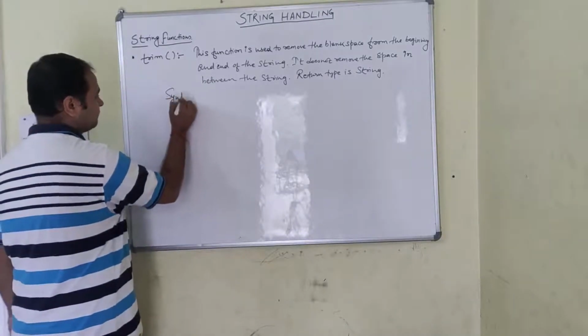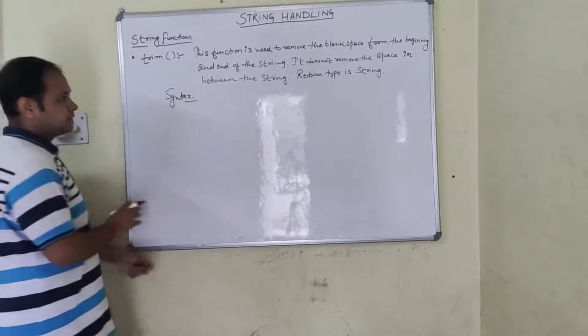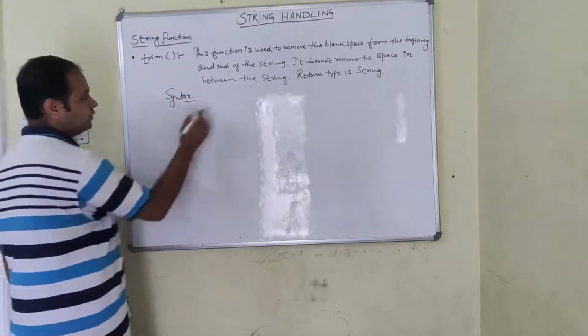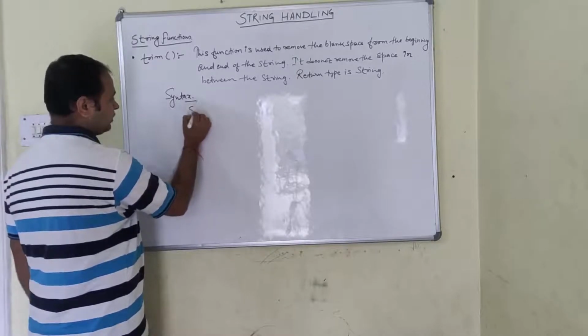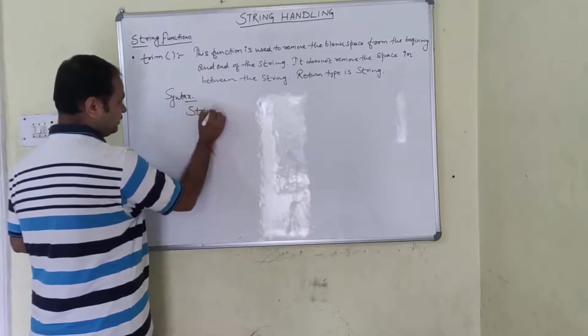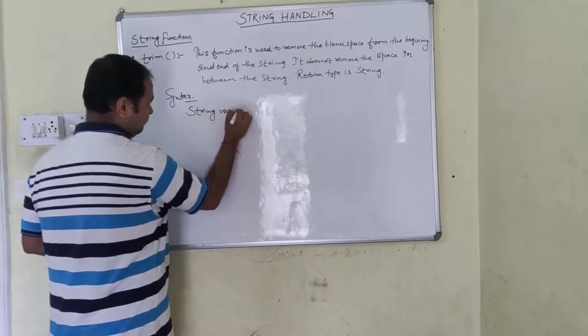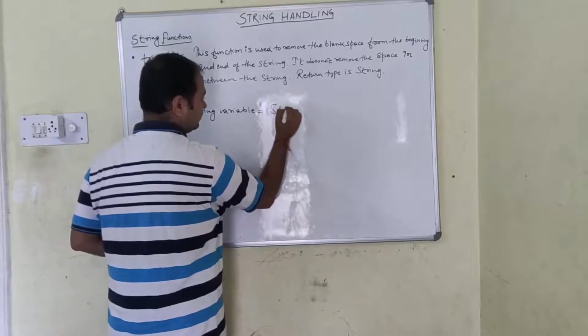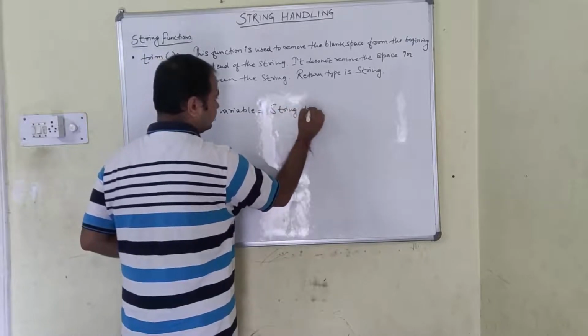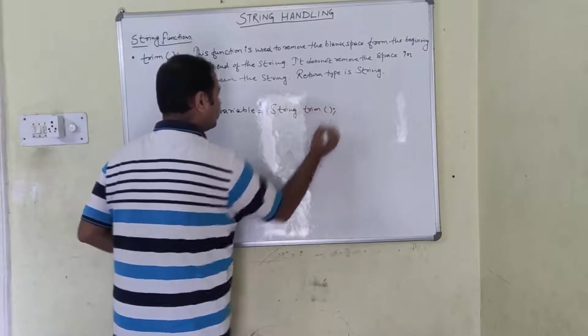Syntax is string variable is equal to string dot trim. Okay.